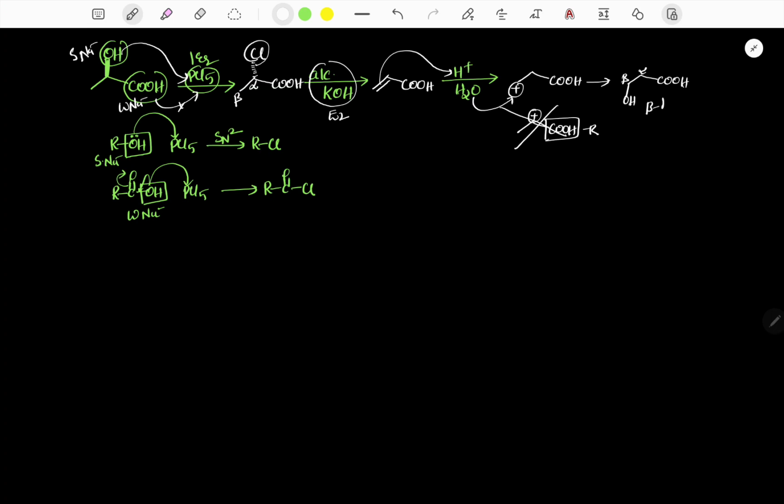Finally, we got a beta hydroxy acid. The first one is an SN2 type of reaction, the second one is an E2 reaction, and the third one is simply electrophilic addition through a stable carbocation.